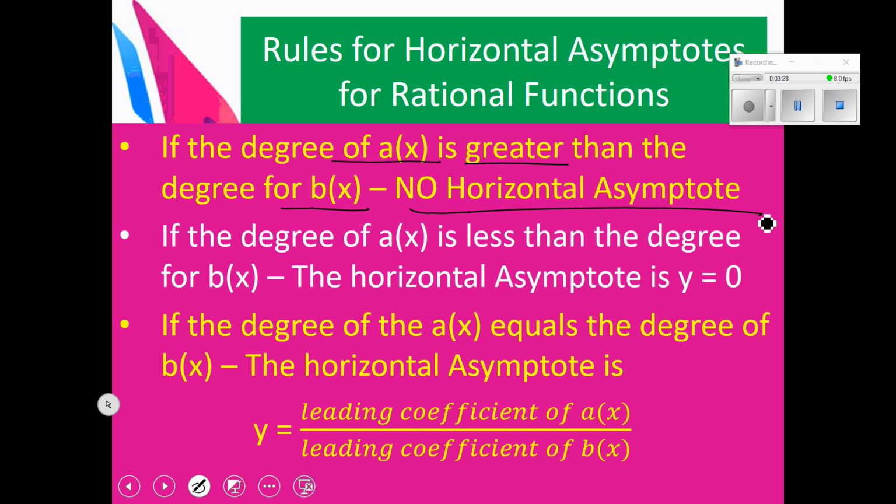If the degree of the numerator is less than the degree of the denominator, and when I say degree, guys, I'm talking about the highest exponent you see. Like a degree of 1 means you see x to the first power. A degree of 2 would be you see x to the second power. It's the highest exponent you see. So if the degree in the numerator is less than the degree in the denominator, then the horizontal asymptote will be y equals 0.